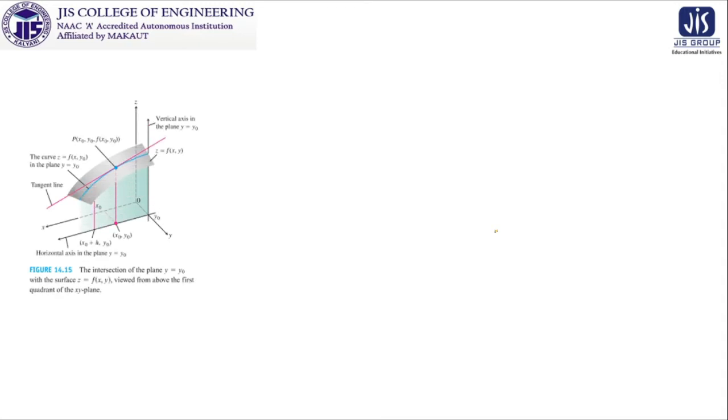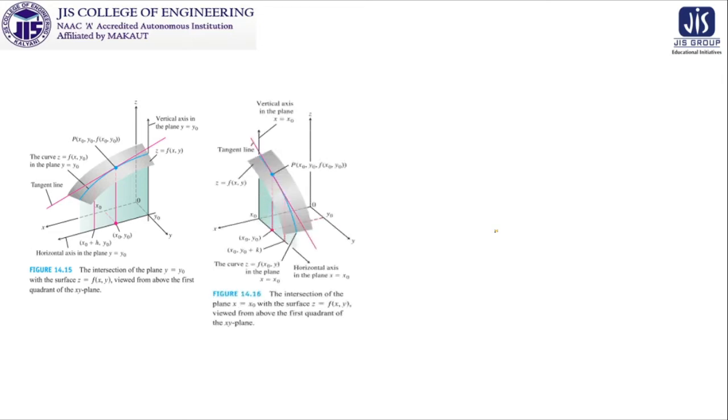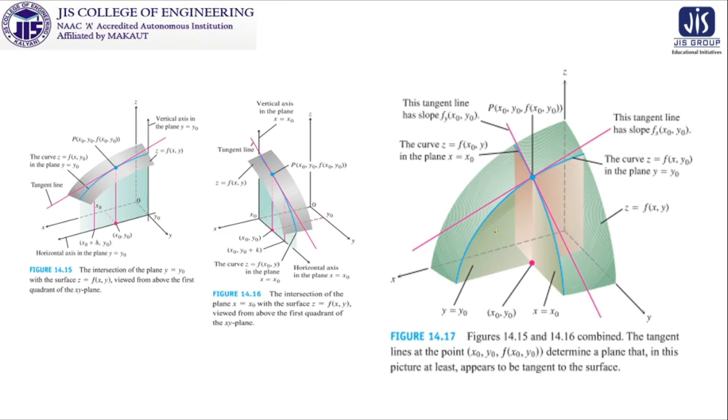So now if you want to combine them, means if you are trying to observe the change of x as well as the change of y simultaneously, then what is the case? I think you can recall that this is nothing but the partial derivative of f with respect to x, and this is nothing but the partial derivative of f with respect to y. And if you combine them, then what is the picture? So this is very important. Look at this.